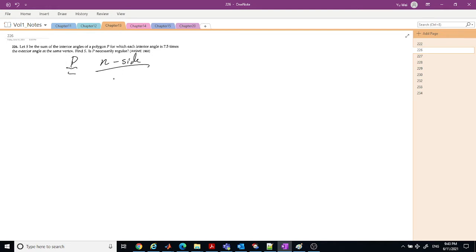Now we know the sum of the exterior angles is equal to 360 degrees, because they finally make a whole cycle. I'll give you an example. First we turn from this direction to this direction by angle x1.